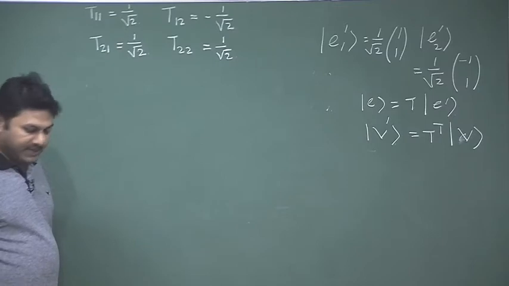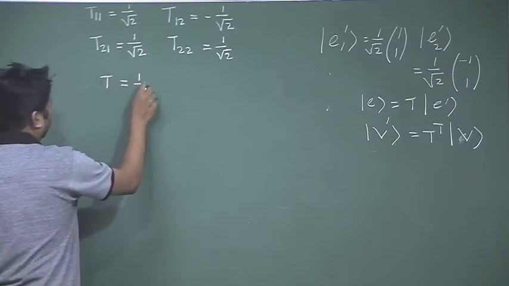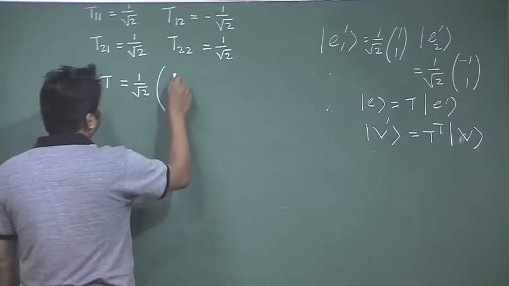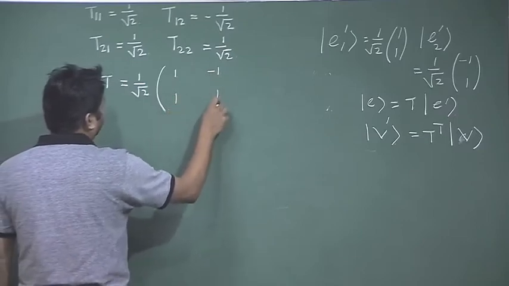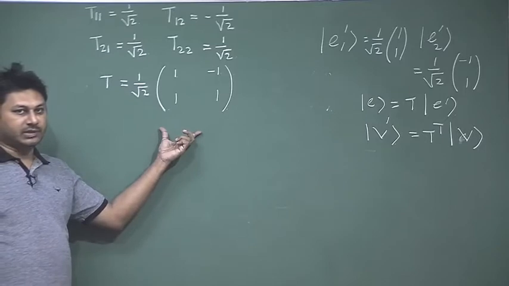Okay, so how will my T matrix look like? I can take 1 by root 2 common, then it will be just 1 minus 1, 1 1 like this. This will be my T matrix.